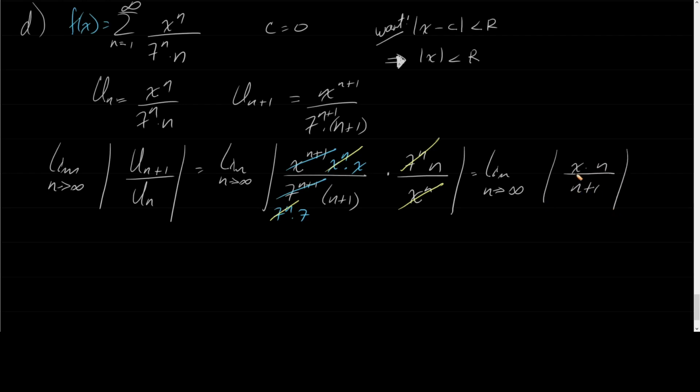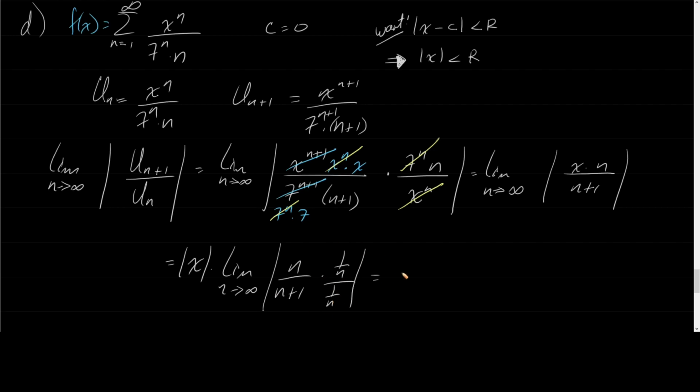But this x is not being affected by our limit, so we can rewrite this as x times the limit as n goes to infinity of n over n plus 1. To figure out this limit, I'm going to multiply by 1 over n over 1 over n, because we're always allowed to multiply by 1.